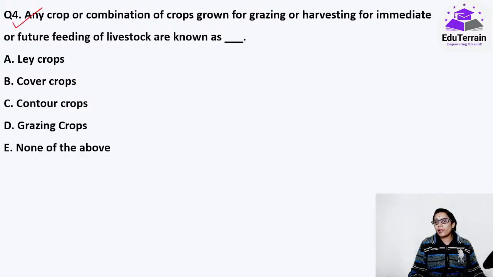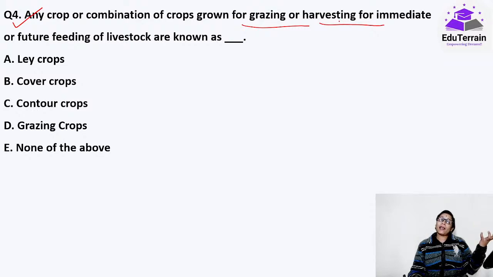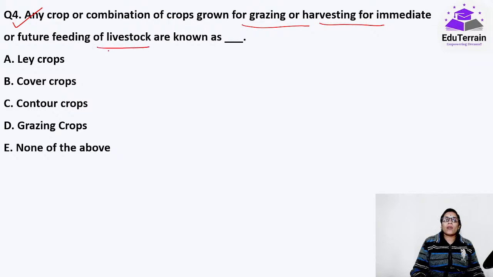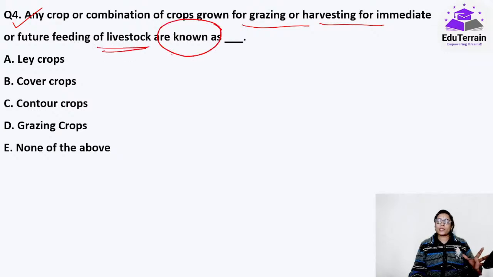Any crop or combination of crops grown for grazing or harvesting for either immediate purpose, meaning fresh produce like forage, directly that can be given to the animal, or in the future they can be stored, like in the form of hay or silage for feeding of livestock. What is such kind of combination of crops that can be grown?